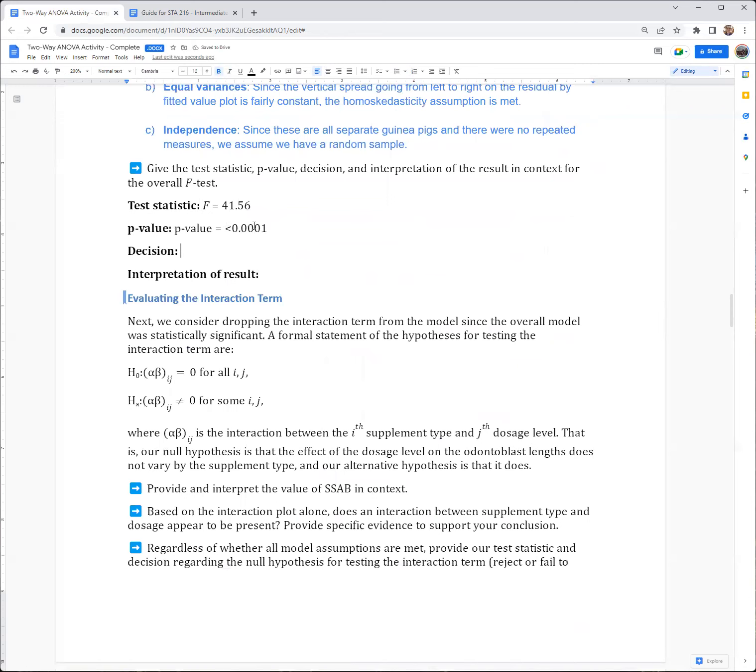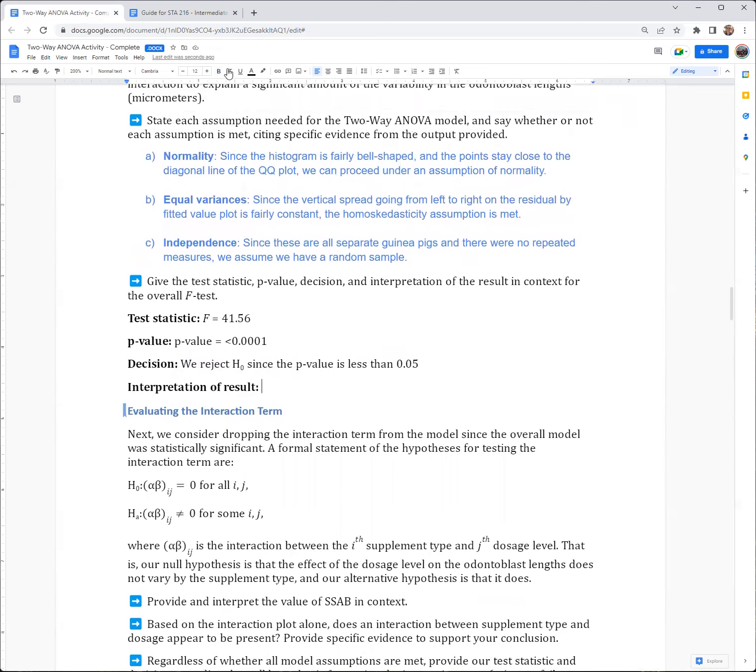Since the p-value is less than 0.05, we reject H0.